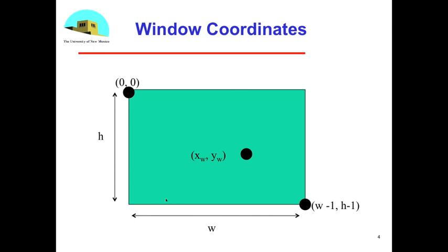If you look at the window, we want to go to a window where this corner is at -1, -1 and the upper right corner is at 1, 1. And we could look at it independently in the x and the y direction, and say, okay, you want something that goes from 0 to W minus 1 to be mapped into variables that go from -1 to +1.